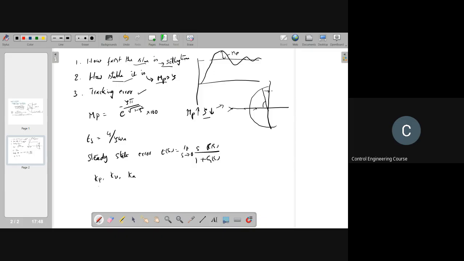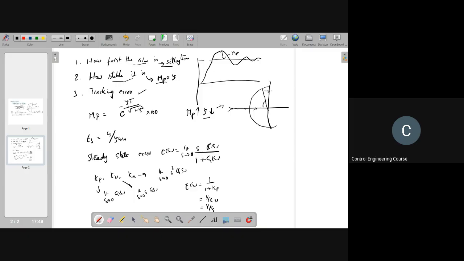Kp is limit s tends to 0 of G of s, Kv is limit s tends to 0 of s G of s, and Ka is limit s tends to 0 of s square G of s. The steady state error e_ss is, in terms of Kp, 1 by 1 plus Kp, or 1 by Kv, or 1 by Ka. Are you remembering all these things?